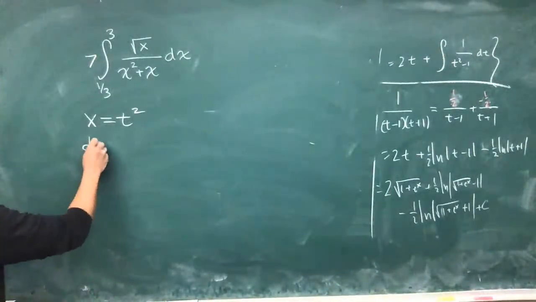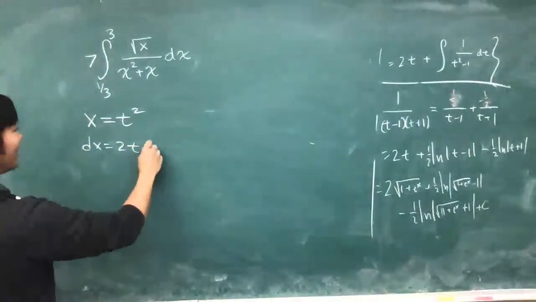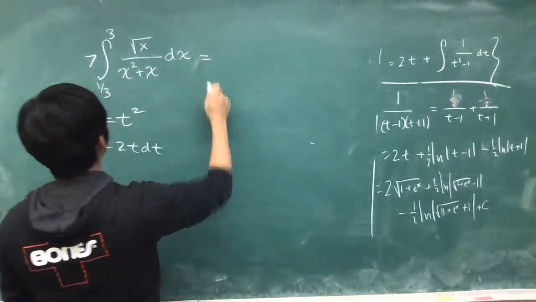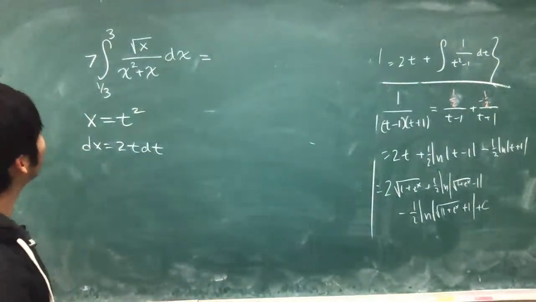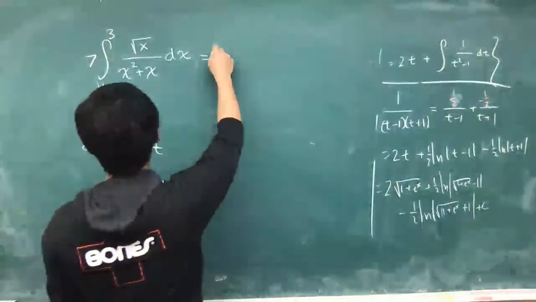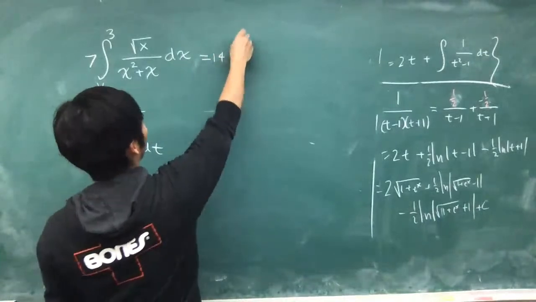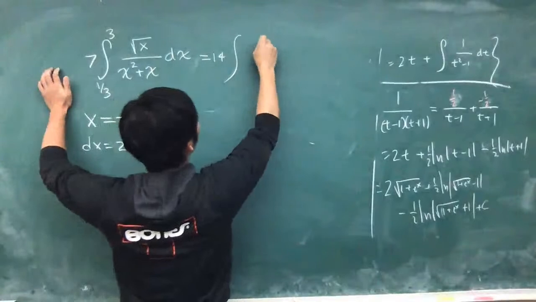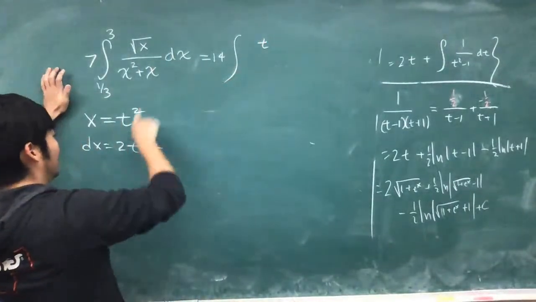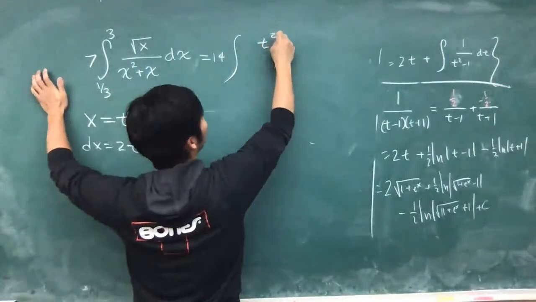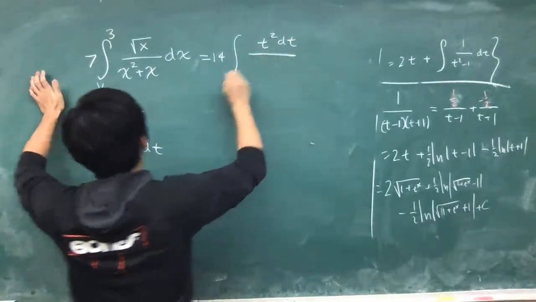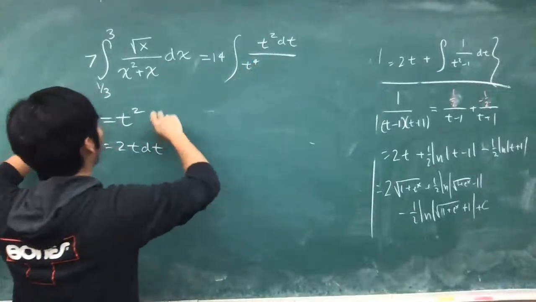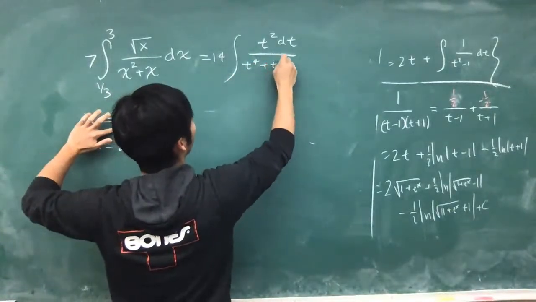So let x be t squared, so dx is 2t dt. All of this is going to be 14, because 2 times 7 is that. And this will be just t, and dx is t dt, all over x squared, which is t to the 4th, and then x is plus t squared.